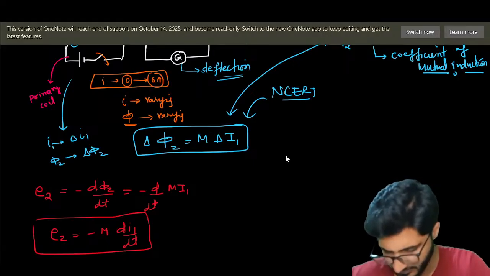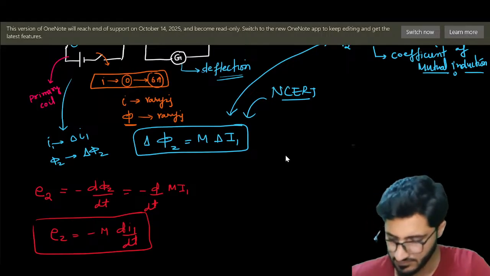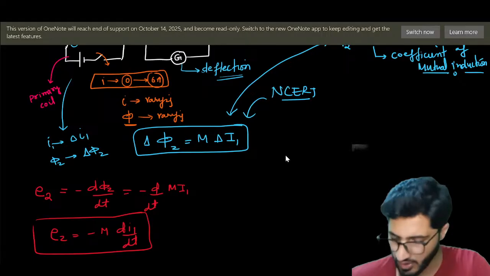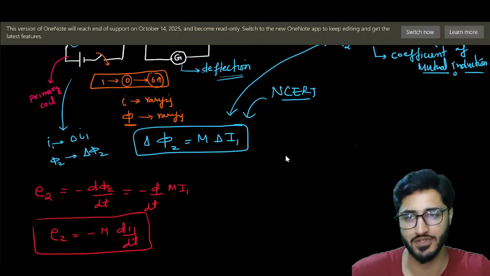Clear now? Easy, beta? Look, I am not explaining too much now, because we discussed these things on a very good note in a previous chapter, right?